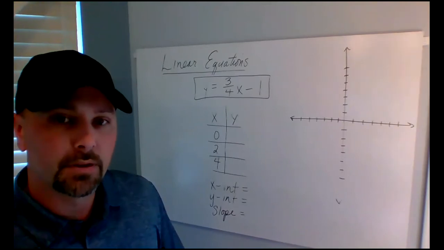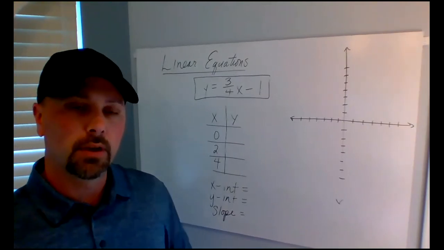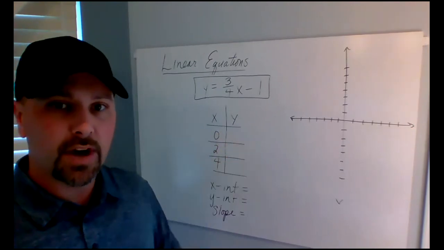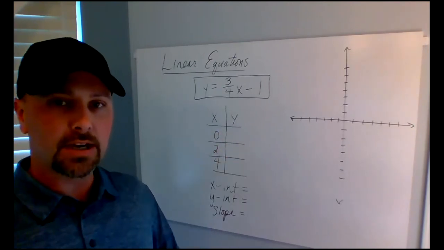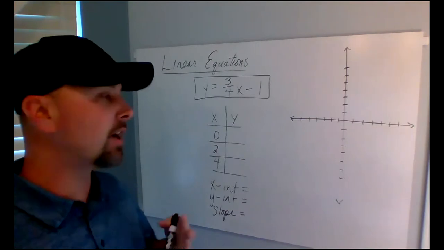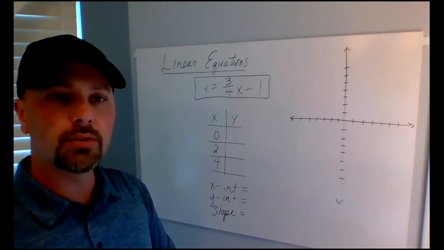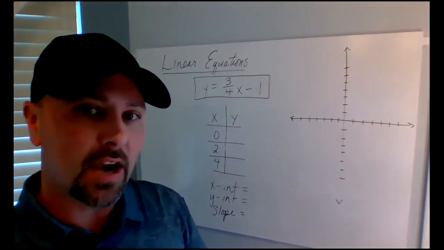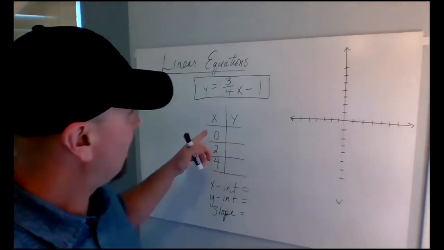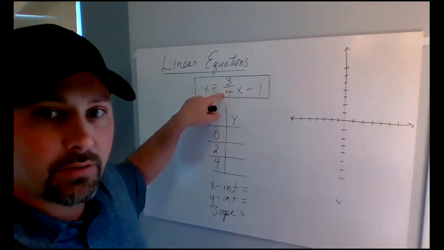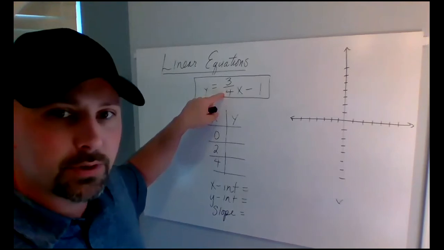All right, so I'm back. We'll see how you did with these fractions. The reason I wanted to pick the fractions is because I wanted to tell you that at least right now when you're solving these linear equations, if you ever have a fraction here, the best way to deal with the fraction as far as picking which values for x is you want to look at this bottom number of the fraction and you want to put multiples of that, okay?